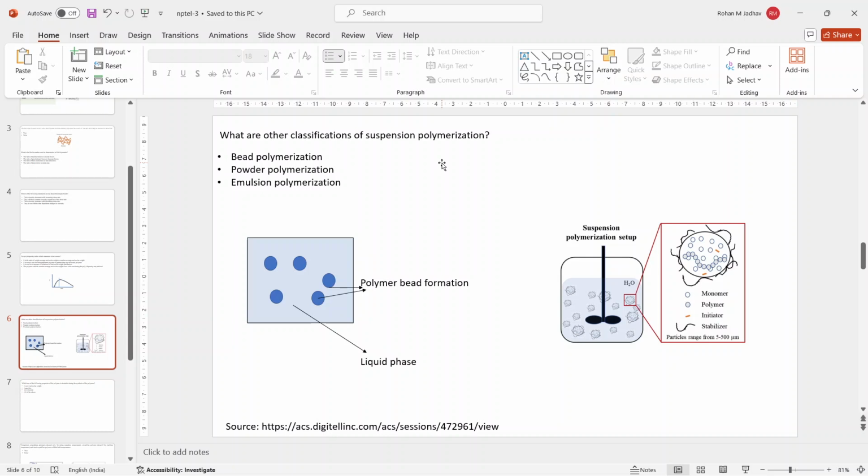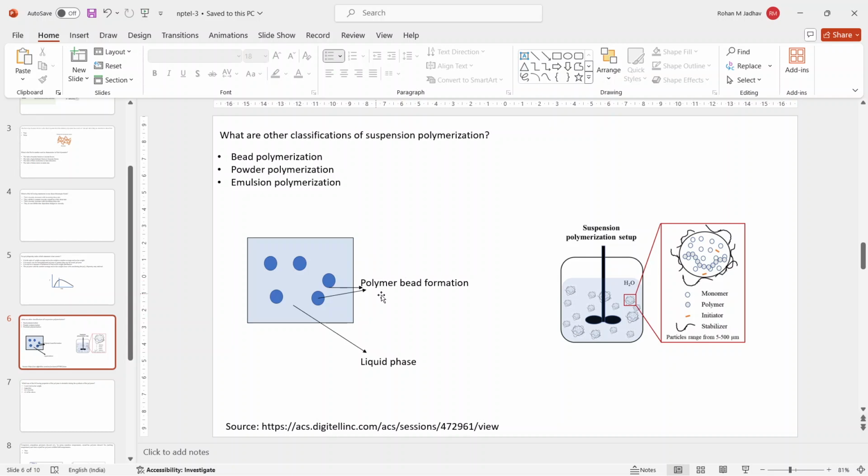Now, how can there be classifications for such a polymerization reaction? First of all, suspension polymerization is a radical polymerization. And in that, what happens is if the polymer which is forming is soluble in your monomer, which means that if there is some leftover monomer and the new polymer which has formed is soluble in that monomer, it will form a bead-like structure.